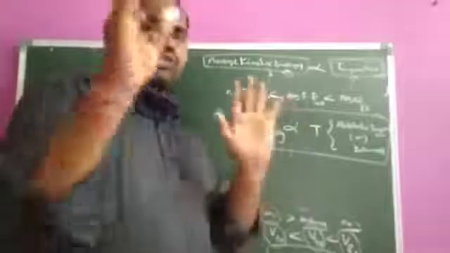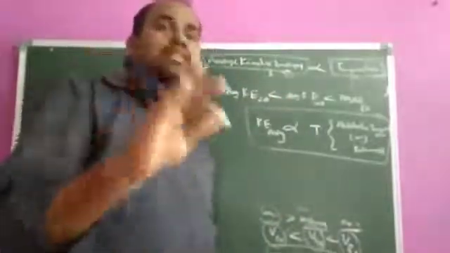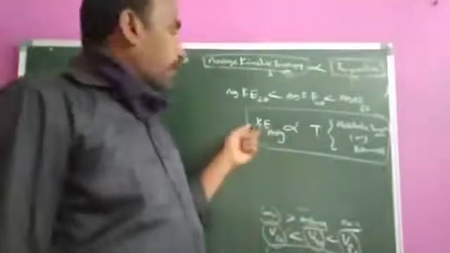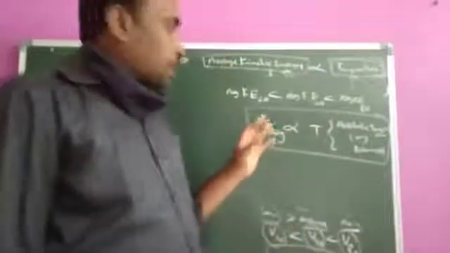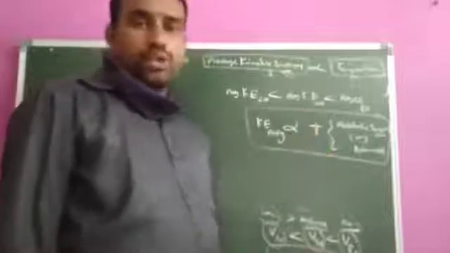You should use the SI system; the kinetic theory of gases must be taken in the SI system. So the average kinetic energy is proportional to the absolute temperature only.